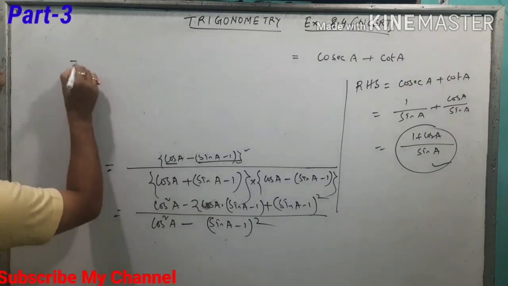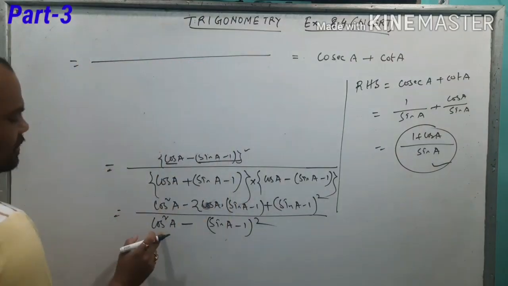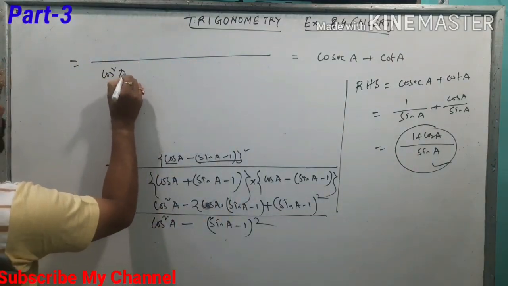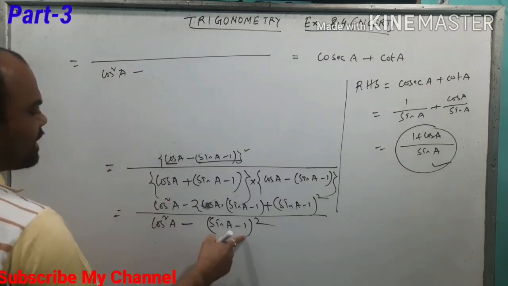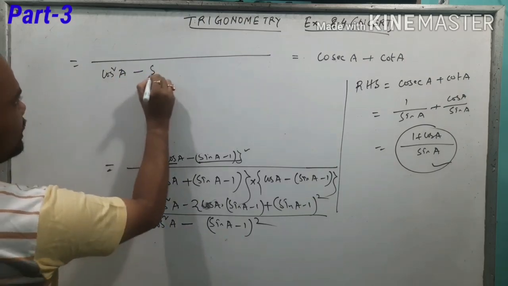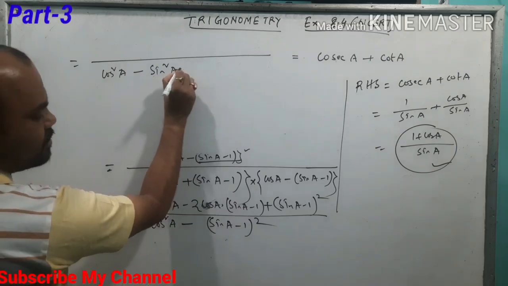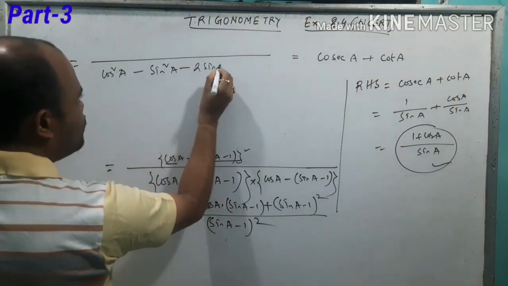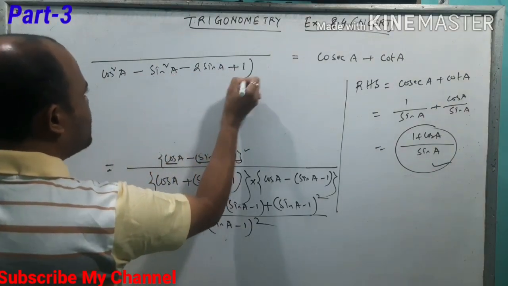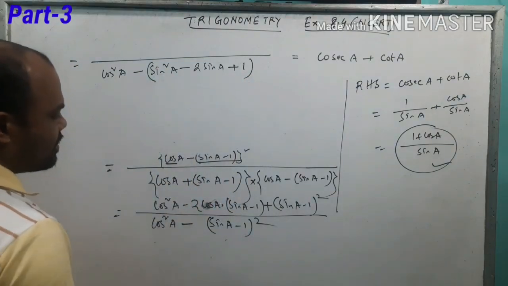Now in the next step we have to simplify. See, it is cos square a minus, here also break this, (a minus b) whole square, a square minus 2ab plus b square, means 1.